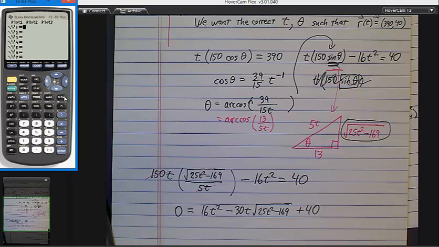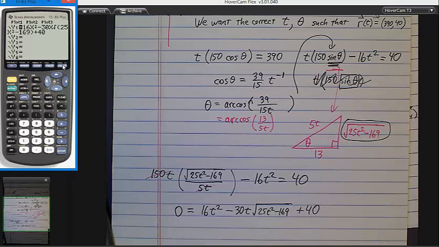So let's type in 16x squared minus 30x times the square root of 25x squared minus 169, close parentheses for the square root, plus 40.